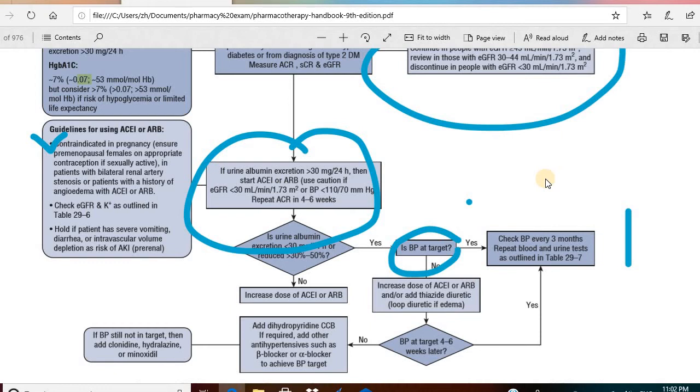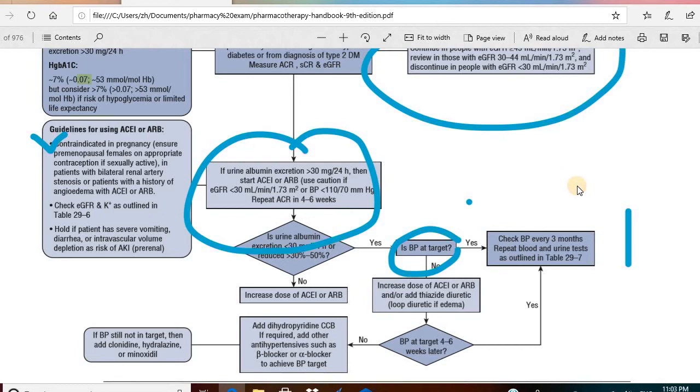So if the patient's BP is on target, then you can continue to check for 3 months. After 3 months, if the blood pressure is not on target, then you can add thiazide diuretics. And if by adding thiazide it is still not in the target range, then you can give the CCB and beta blockers or alpha blocker to achieve the blood pressure target.